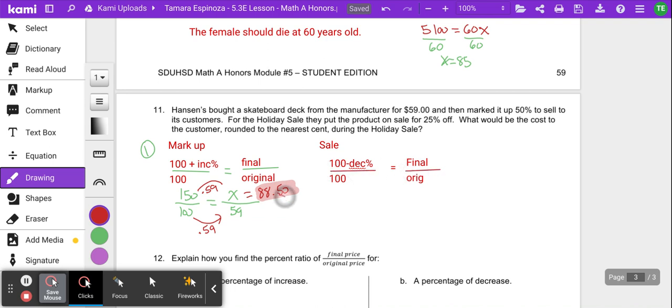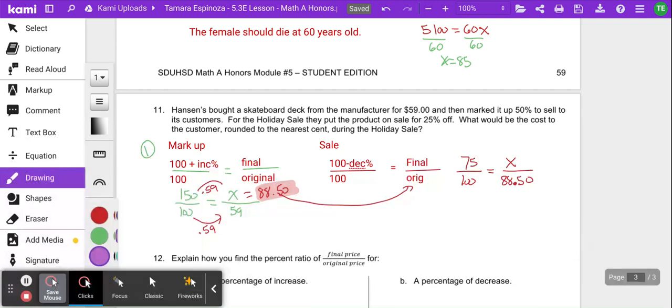Okay, so this one we're taking this over here. So we have 100 minus 25% off. So that's 75 out of 100 from $88.50. So that's why when you go to a store and they say sale, this much off, you don't know how much they marked it up in the first place. So you don't really know what kind of sale that is.